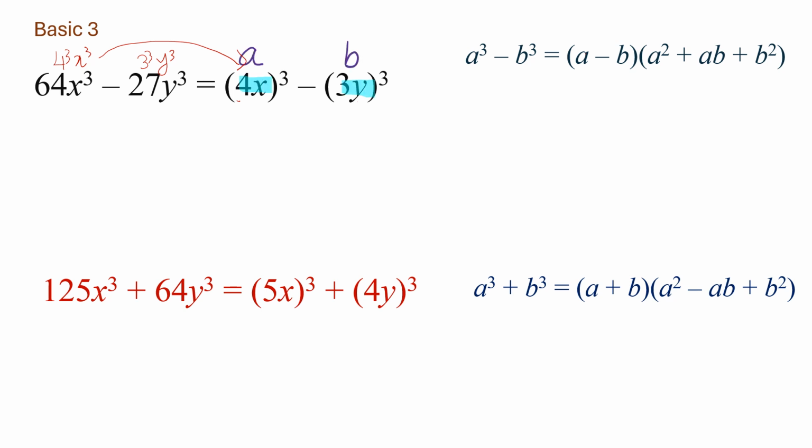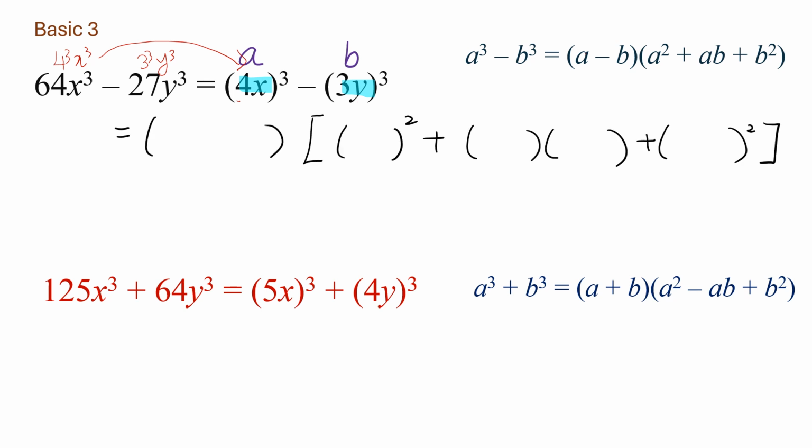Alright, and then let's put in the brackets. We will have one bracket for your a minus b, and another bracket for your a squared plus ab plus b squared. So what do we substitute inside here? I would substitute a here, b here, and of course the first term is your a minus b.